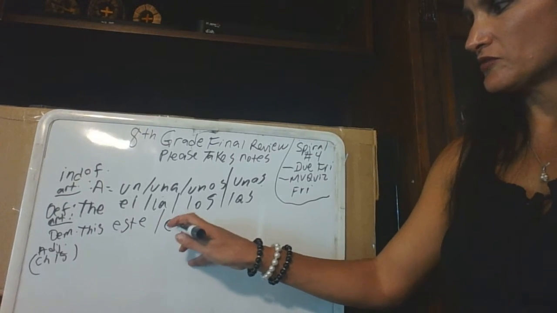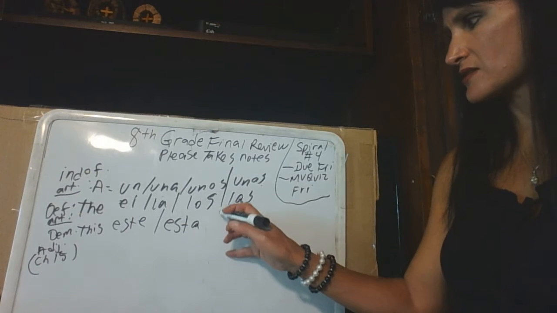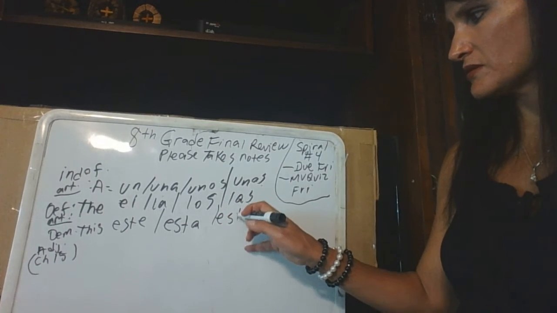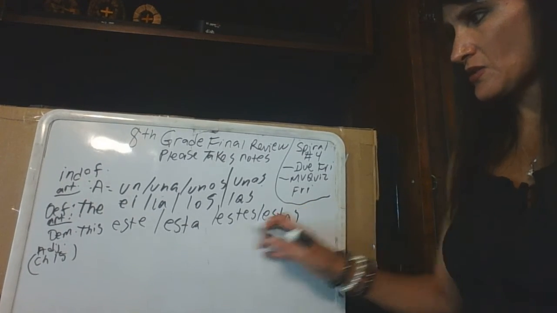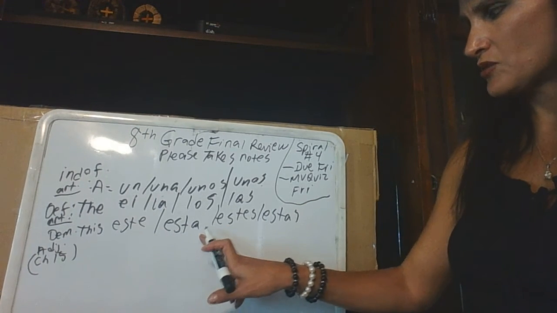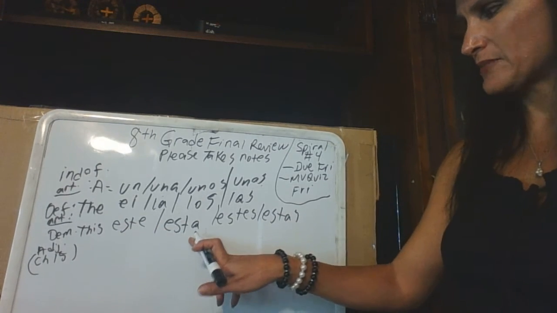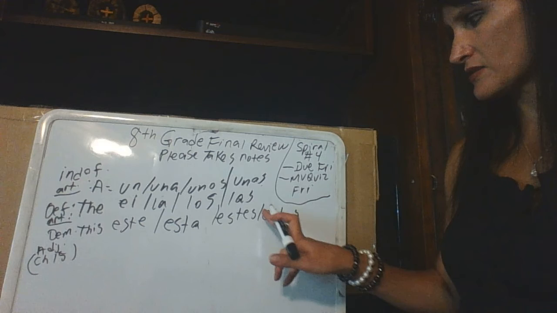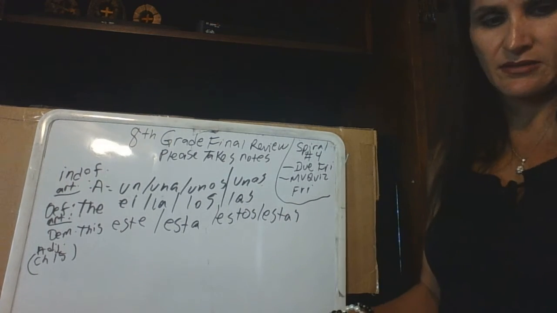Sorry, let me do the female first. So esta, no accent. If you have an accent, it means this one, so don't put an accent. And then you have plural, estos, estas. So this book, this table, these books, these tables: este libro, esta mesa, estos libros, estas mesas, okay?